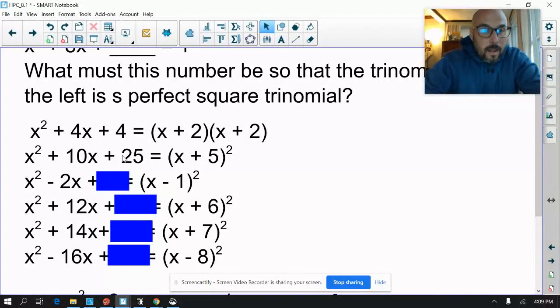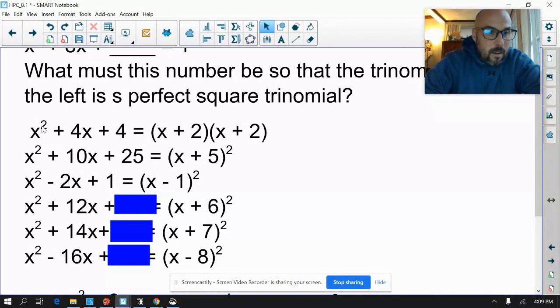This factors into x plus 5 squared, x plus 5 times x plus 5. What is under here? It is positive 1. Because now this trinomial factors into x minus 1 times x minus 1. So let's look at what we got so far. We got positive 4, positive 25, positive 1.